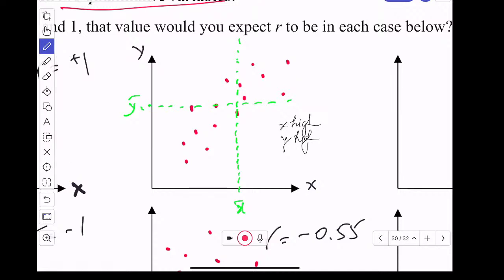Now let's look on the other side. When X is low, where is Y? When X is low, we're here, but where is Y? When X is low, Y is where? On the bottom or the top?